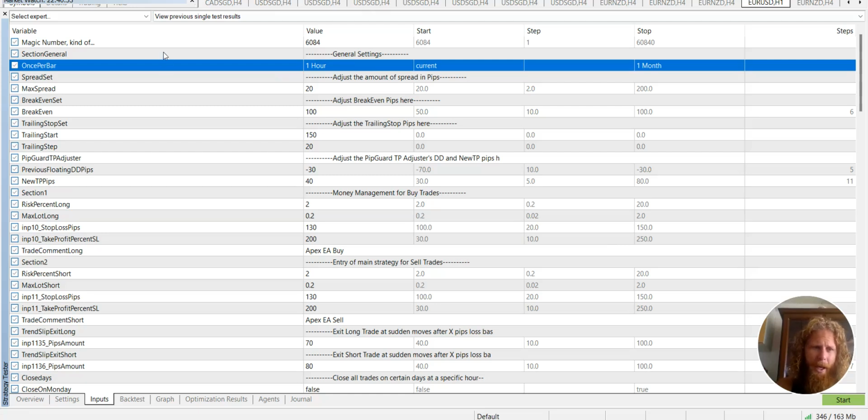First of all, we have a new parameter called the once per bar parameter.